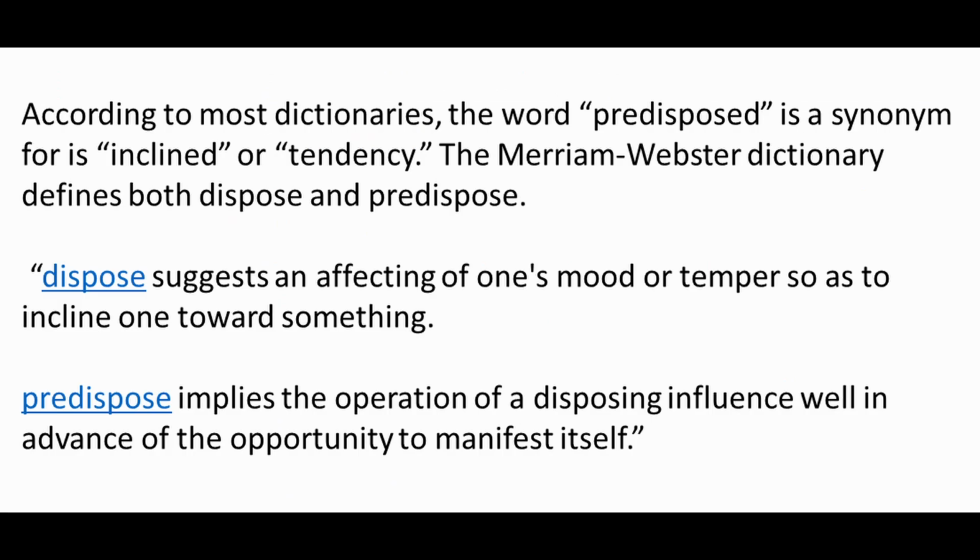Quote, "Dispose suggests an affecting of one's mood or temper so as to incline one towards something. Predispose implies the operation of a disposing influence well in advance of the opportunity to manifest itself." Unquote.